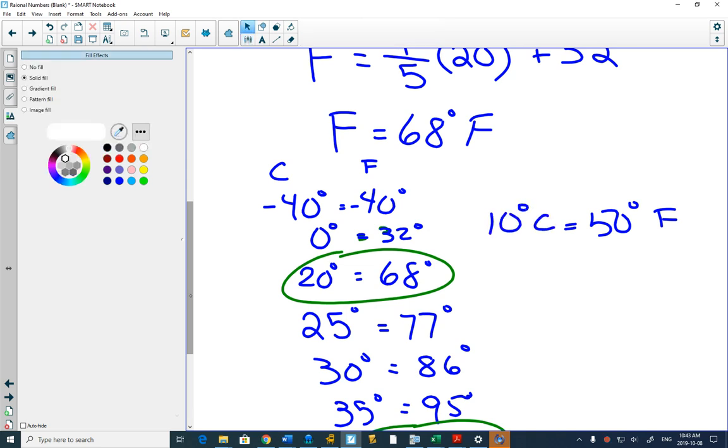So we have some of these values that we can just figure out. Every time it goes up by 9, it goes up by 5. And as a starting point, -40 and -40 are the same. You could count up 5, up 9, up 5, up 9, all the way through that. But it's nice to have some of these memorized.